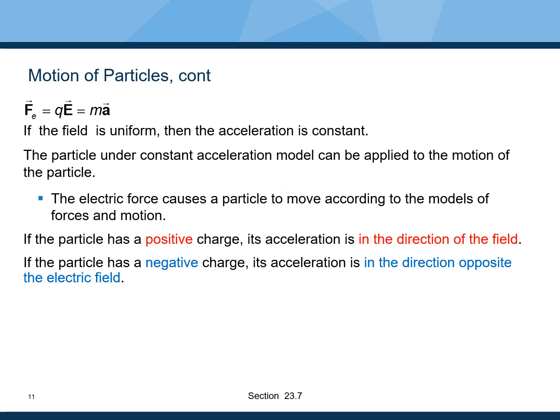So now, if you find the electric force, which is Q times E vector, then you realize that that force, from Newton's second law, should be equal to the mass times the acceleration vector.